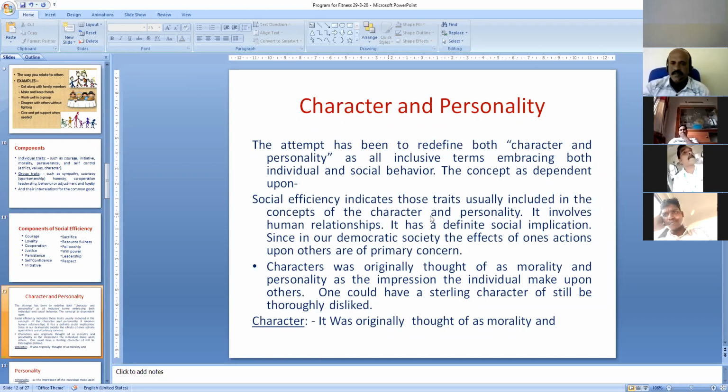The concept as dependent upon social efficiency indicates those traits usually included in the concept of character and personality. So character and personality are involved in sports activity. It is involved in human relationships along with the sports activity. It has definite social implications in society, since in our democratic society the effects of one's action upon others are of primary concern.